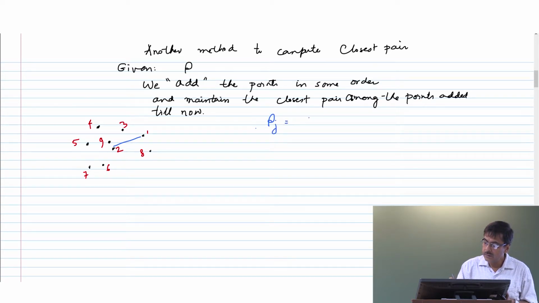Let me say that Pj is the subset of the first j points.